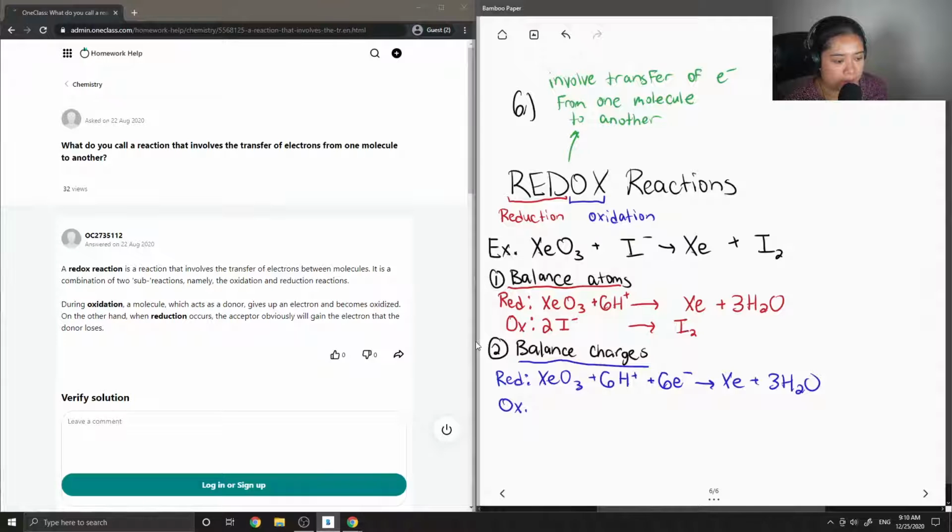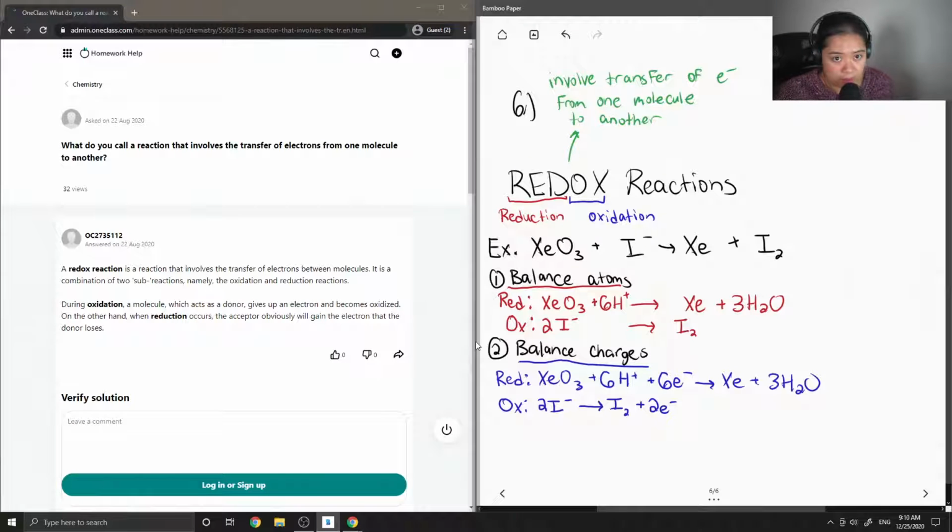And let's do the same thing with our oxidation. We have 2 negatively charged ions on our reactant side, and we just have the neutral I2. So I need to add 2 electrons to my product side. Okay, so now that we have the charges all balanced, we want to make sure we have the same number of electrons on both sides.